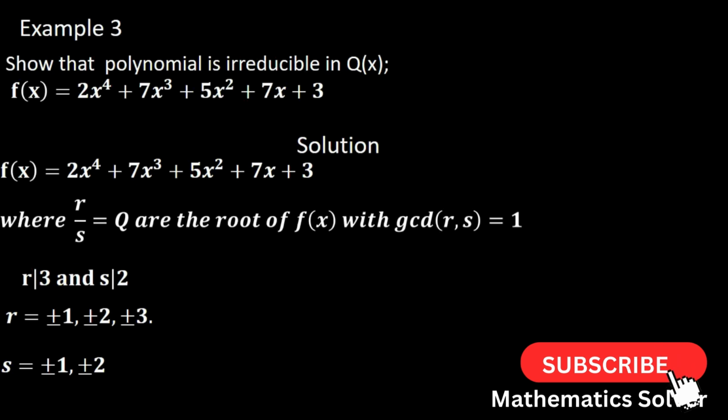So our rational numbers, which are r over s, are 1, 2, and 3 over 1 and 2.